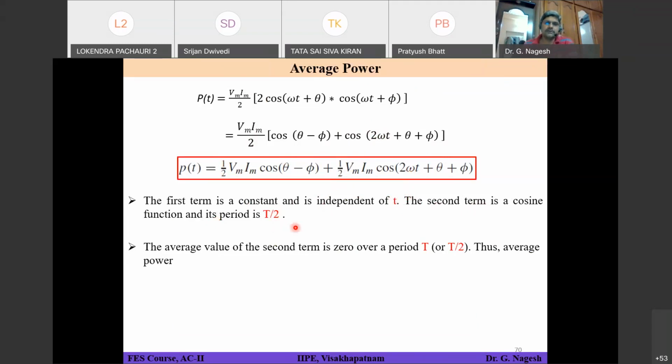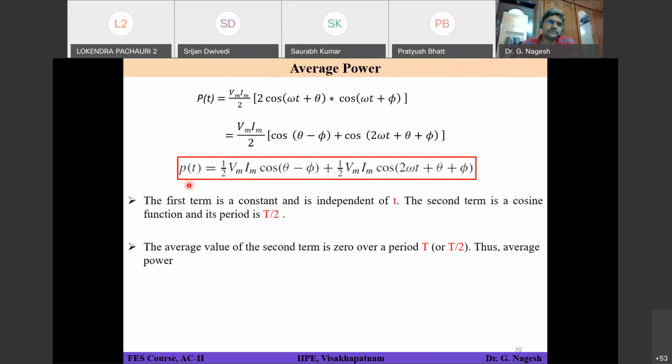Now, if I calculate the average value of this instantaneous power, what could that average value be? You are trying to calculate the average value over one time period, that means between 0 to time T. The average power capital P is 1 by capital T integral 0 to capital T of P of t with respect to dt.